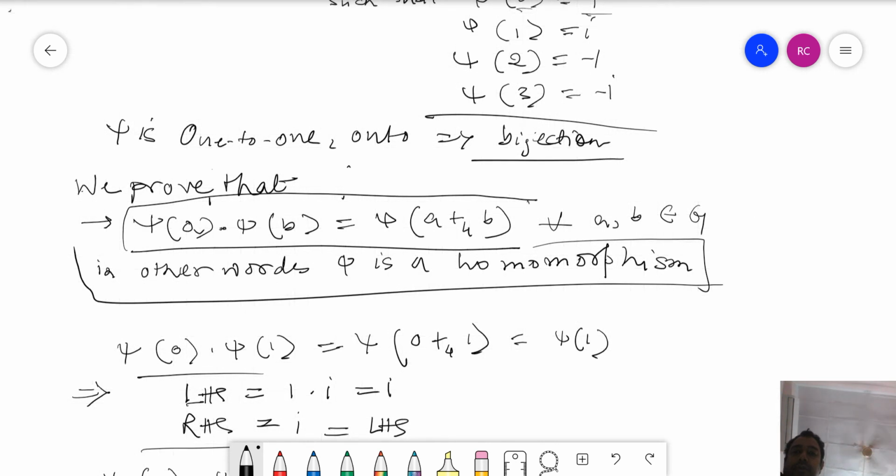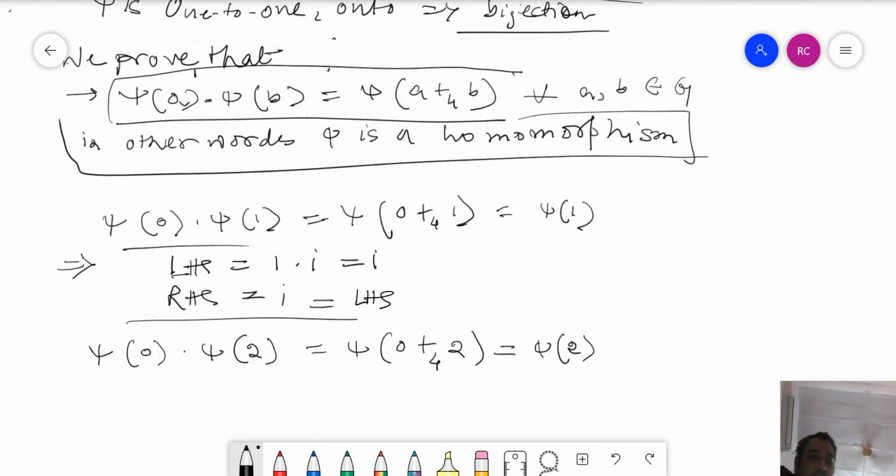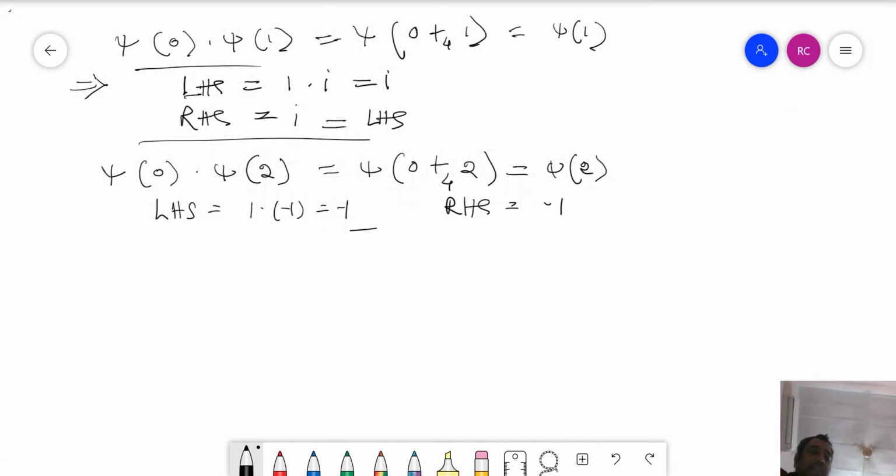How much is phi 2? Phi 2 is minus 1. So LHS is 1 into minus 1, which is minus 1. RHS is minus 1. So clearly this holds.